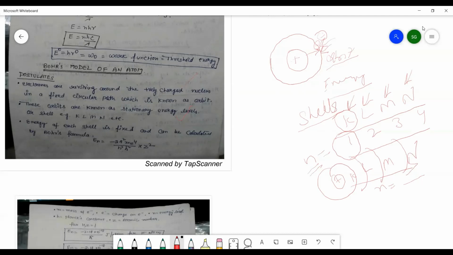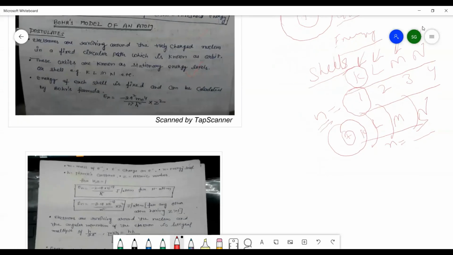Now the question arises, how can we calculate the energy of each shell? This energy is fixed, and it is also the energy of the electron.